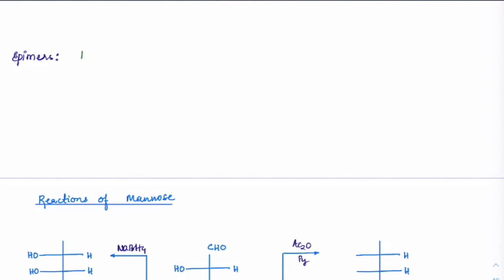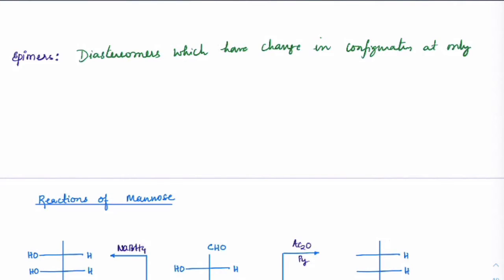Epimers are nothing but diastereomers which have a change in absolute configuration at only one carbon center, one chiral center. Then we call them epimers.